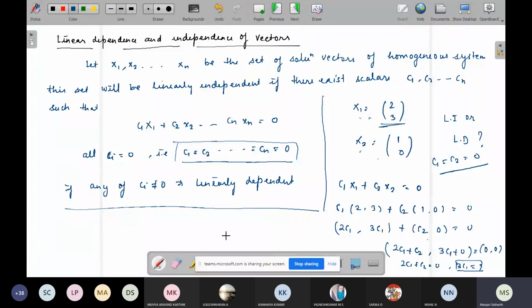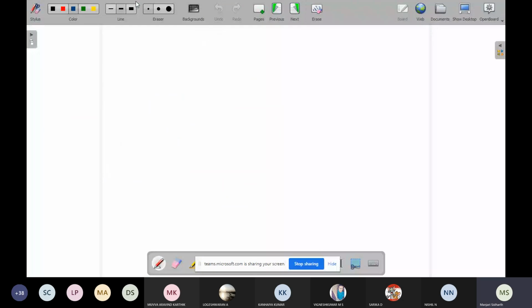So let's come to the solution of a system of first order homogeneous differential equations.